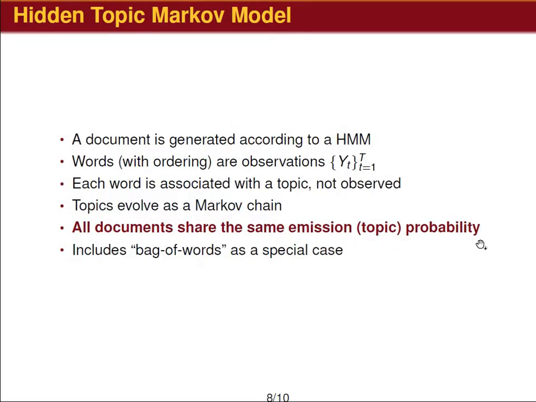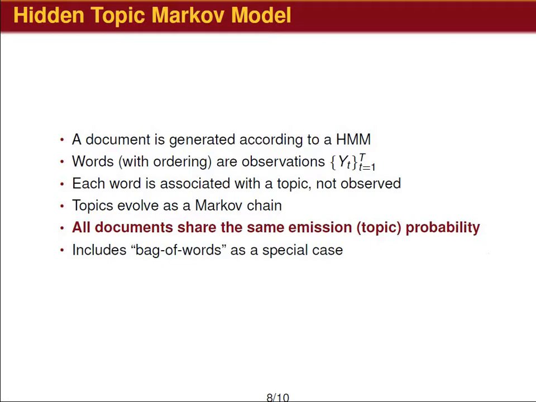Finally, we apply this to the application of topic modeling. The most well-known topic modeling method is the so-called bag of words, which ignores the ordering of the words. But here we take that back into consideration and assume that each document is generated from a hidden Markov model, where the latent states are topics and the observations are words.